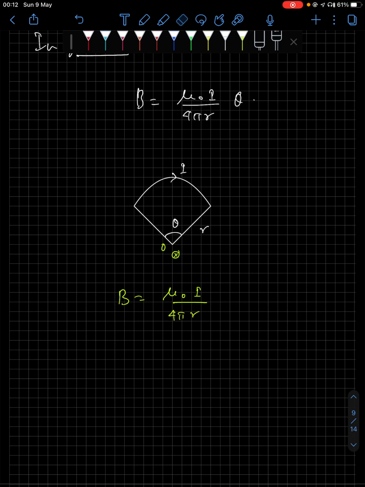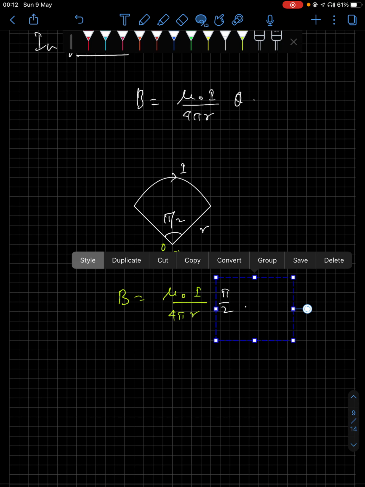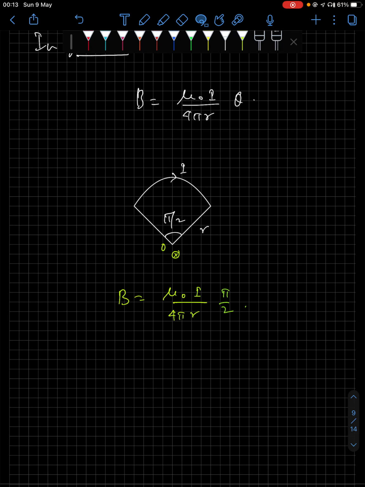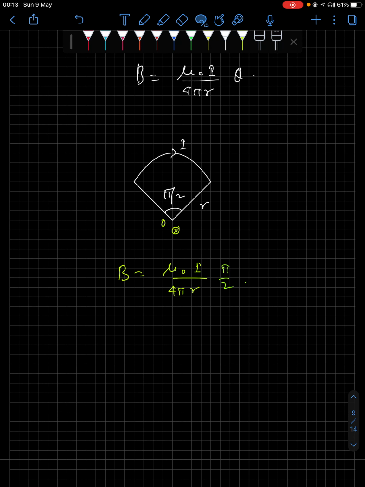Say if this angle is 90, like pi by 2, then here you use pi by 2. Okay, so I'm not showing the calculation here, just how to use these values. So this was an arc with the two radii making angle 90 degree with each other.